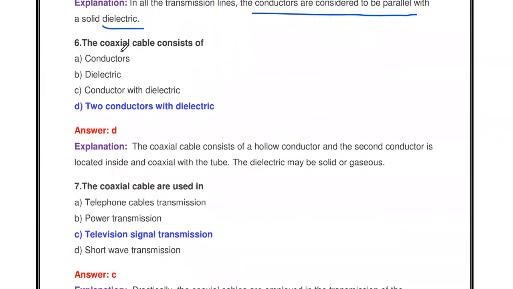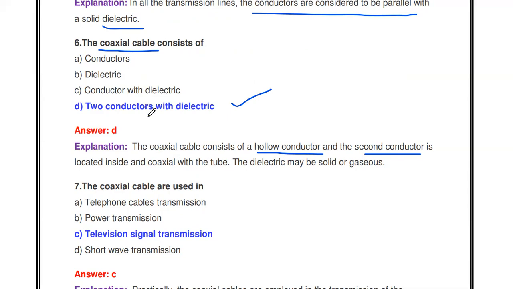The next one, the coaxial cable. The coaxial cable consists of conductors, dielectric, conductor with dielectric, two conductors with dielectric. Coaxial cable consists of two conductors with dielectric. The coaxial cable consists of a hollow conductor, and the second conductor is located inside and coaxial with the tube.